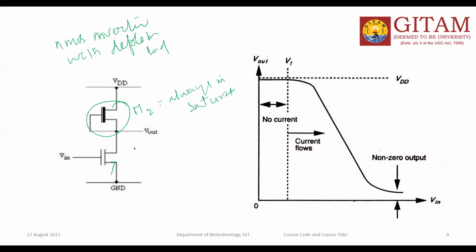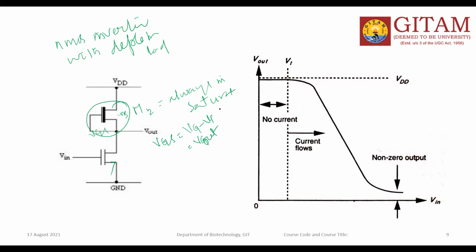Now for M1, this is the VDS between the drain and source, and here is the VGS. VGS is gate minus source. For the load, the source is V out, and both gate and source are tied together to V out, so VGS is equal to V out.